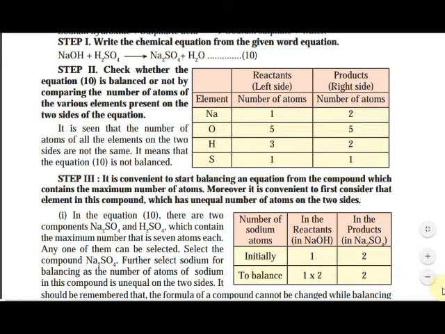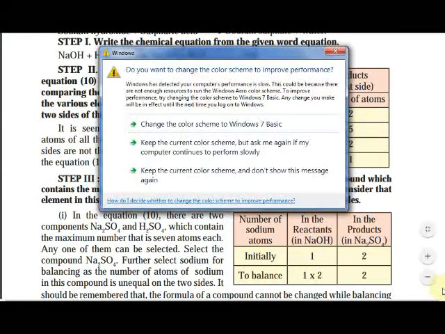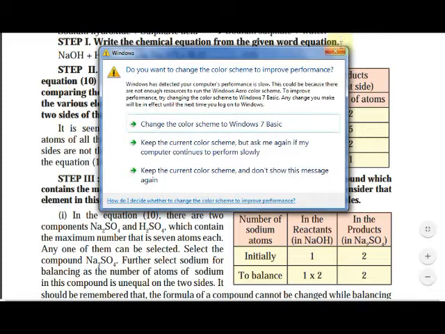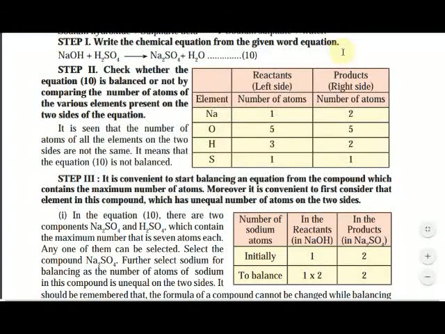For oxygen, at the reactant side the atoms of oxygen are 5, and at the product side oxygen atoms are 5 only.